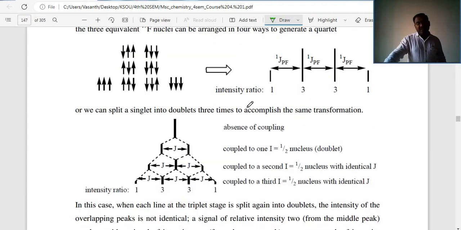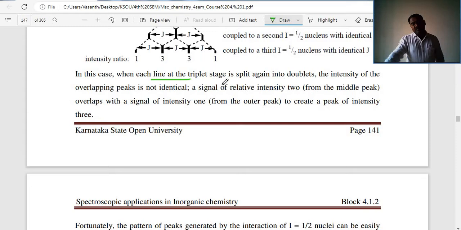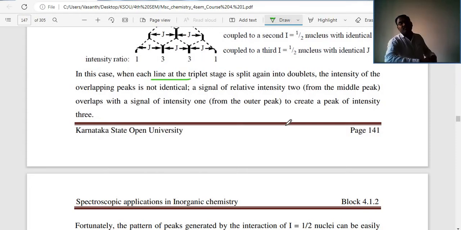According to that Pascal triangle, we have to write all these things. In case each line of a triplet is split again into doublets, the intensity of the overlapping peaks is not identical.